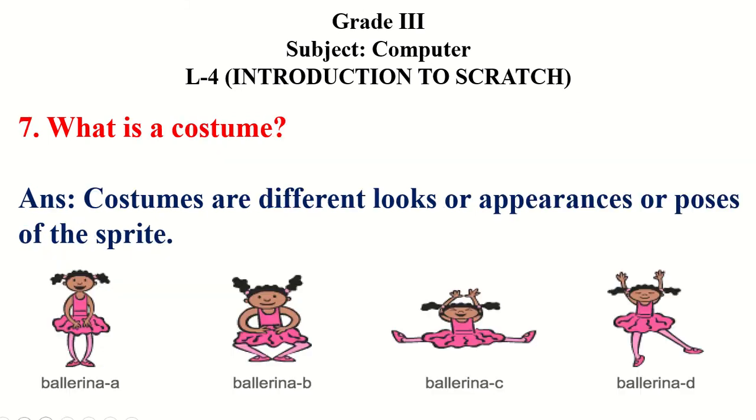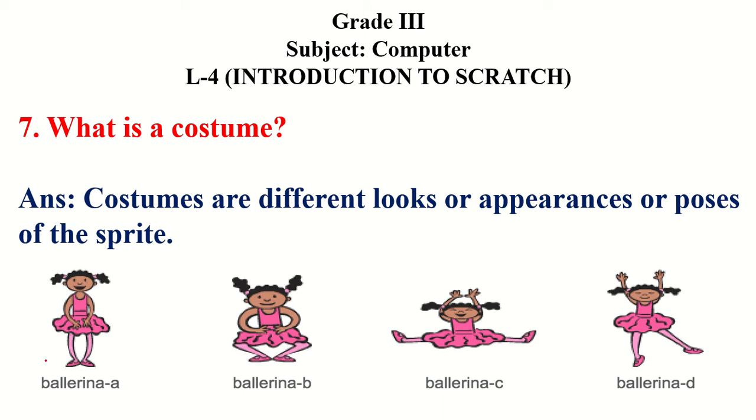Next question is question number 7. What is a costume? Costumes are different looks or appearances or poses of the sprite. I told you that costume means the different poses or the looks or the appearance.